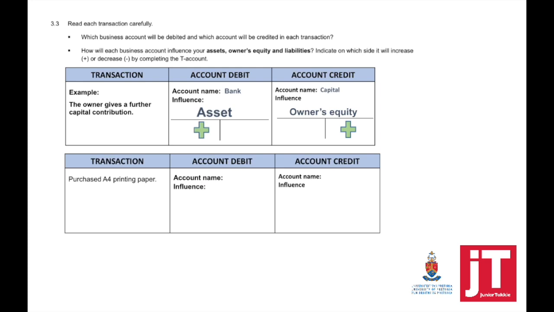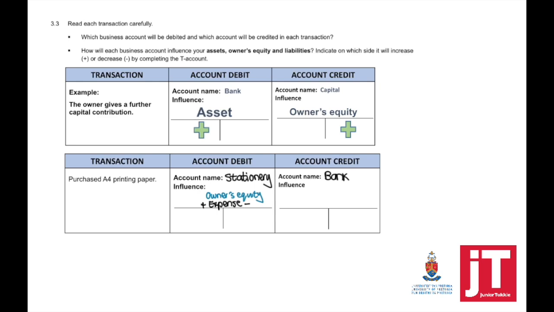Purchase A4 printing paper. When we're talking about printing paper, the account names involved are bank and stationery. When the business makes a payment, your bank account will always be credited. What did we purchase? We purchased stationery. Now we need to classify these accounts. Stationery is regarded as an expense, which will influence your owner's equity.